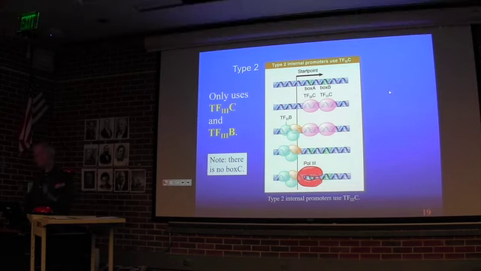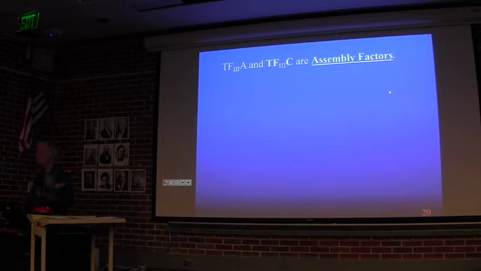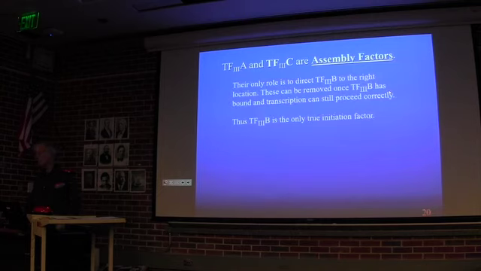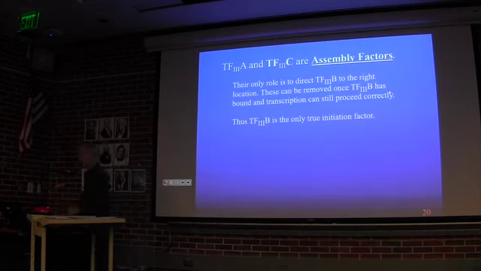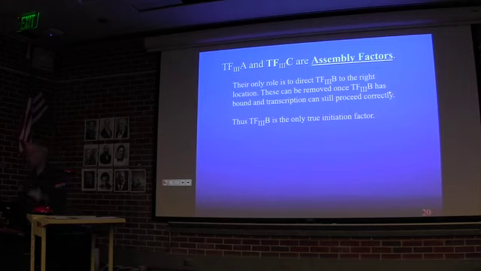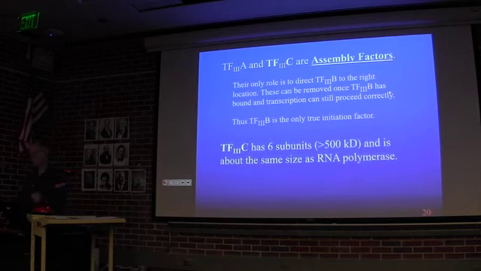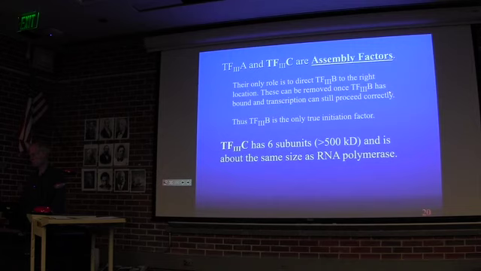I'm not going to ask you to remember all those boxes. Assembly factors, yeah, I remembered correctly. A and C, those basal transcription factors that bind internally are called assembly factors, not commitment factors. TF3B is the only true initiation or commitment factor.